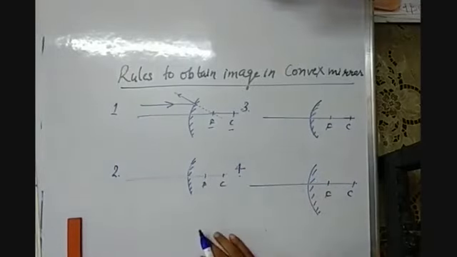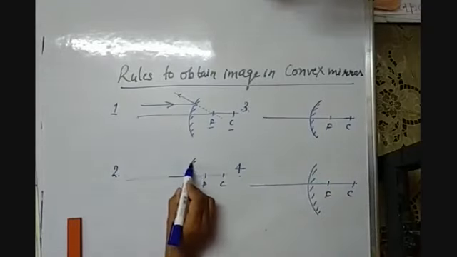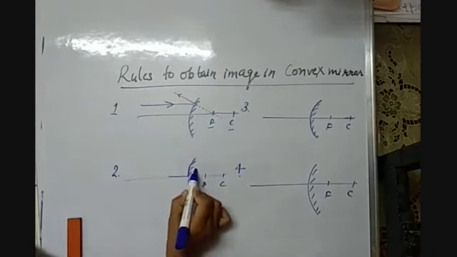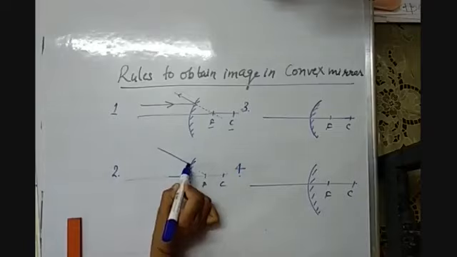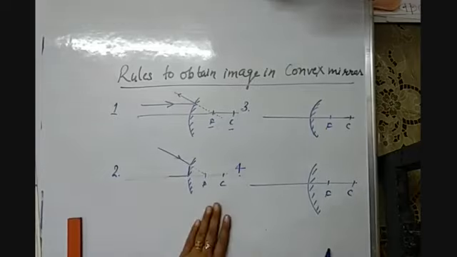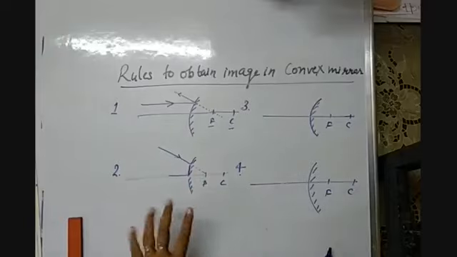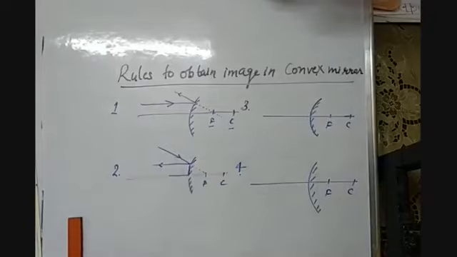Now the second rule is that when the light is incident in such a way that, if we extend it to the other side of the mirror, it will pass through the focus, then it will get reflected back parallel to the principal axis. So this will reflect this way.